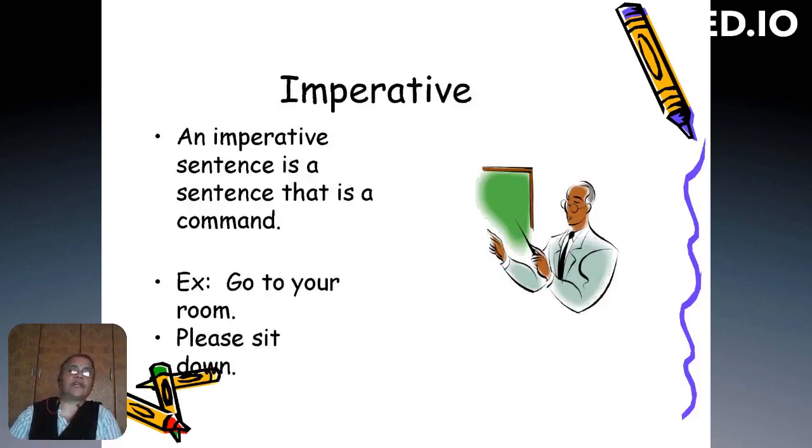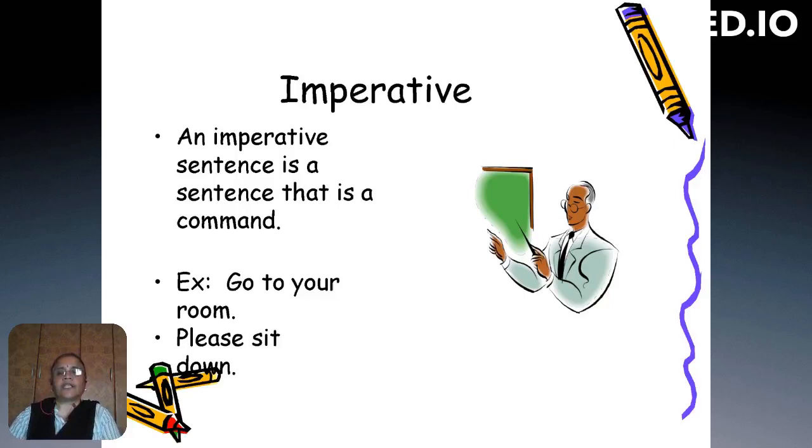The last one is the imperative sentence. An imperative sentence is also partly a declarative or an assertive sentence, but it has its own specific purpose. It differs from a declarative sentence in that it has a specific purpose. It is a request or a command.